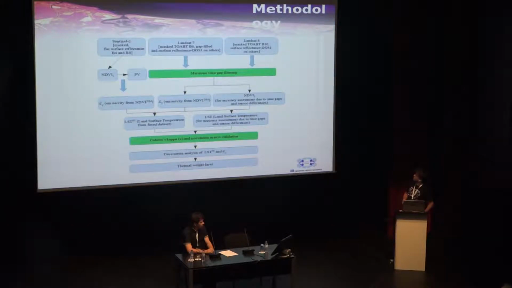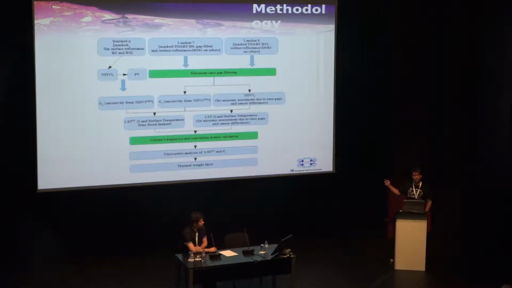So this is a diagram of all the processes. To make a long story short, here is the pre-processing. We pre-process the Sentinel data and the Landsat data. We fill the gaps if we talk about the Landsat 7 derived thermal images, and then we calculate the NDVI and from it the proportion of vegetation.